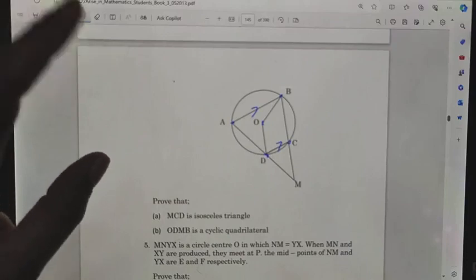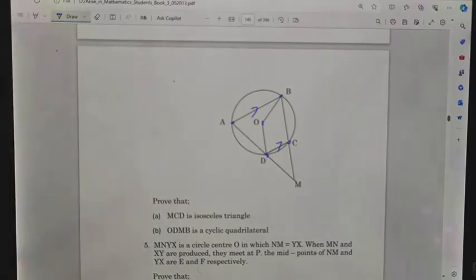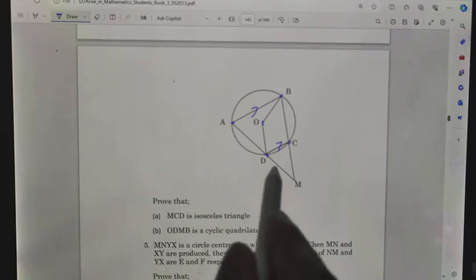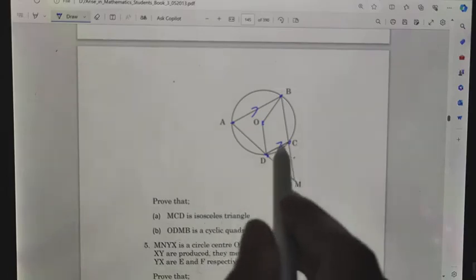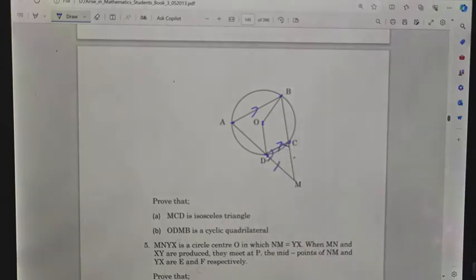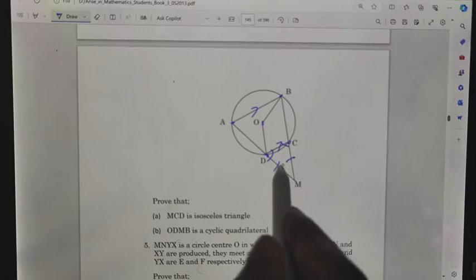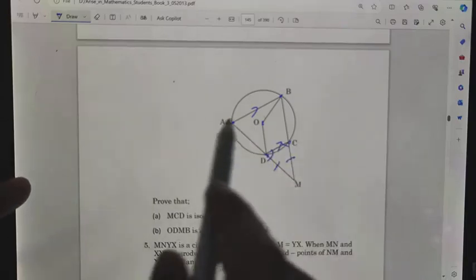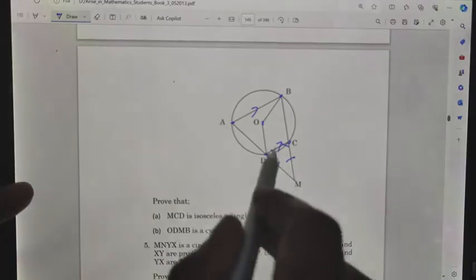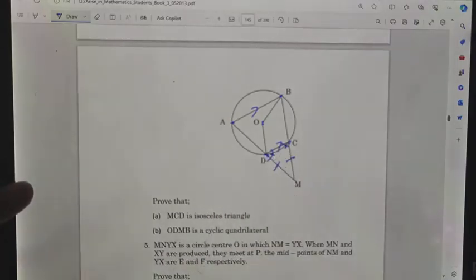The question here is that we should prove that MCD is an isosceles triangle. So for a triangle to be isosceles, it means that line and that line are equal. So it's either we show that the lines are equal for that triangle to qualify as isosceles, or we show that that angle and that angle are equal.